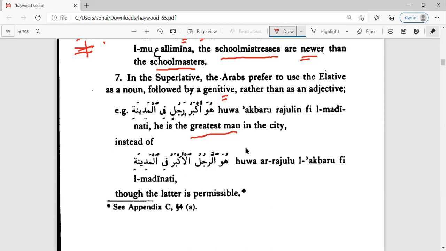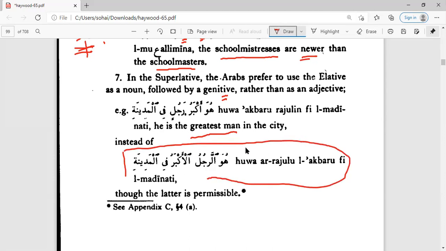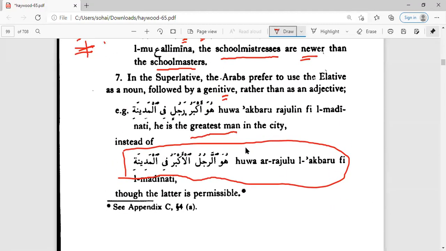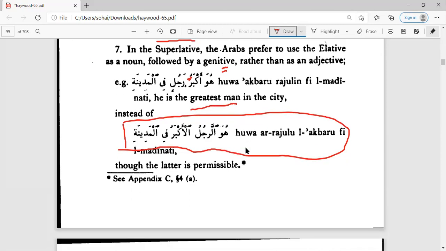Instead of saying huwa ar-rajulu akbaru min, we use huwa akbaru rajulin fil madinati. He is the greatest man. So akbaru is the superlative, greatest. We don't have min, so it doesn't mean greater than. We just have the next noun as mudaf ilayhi. He is the greatest man fil madinati, in the city.